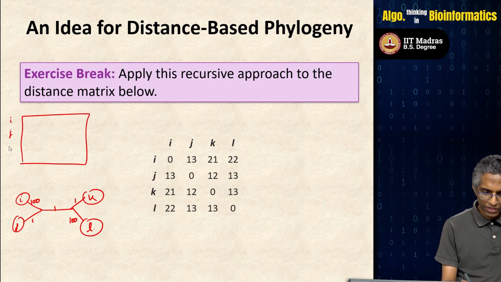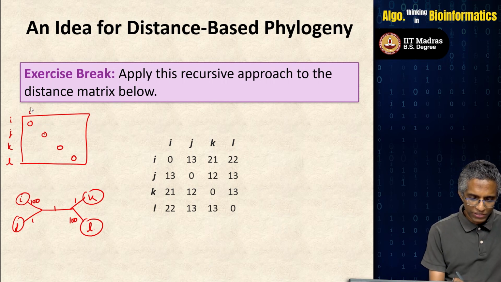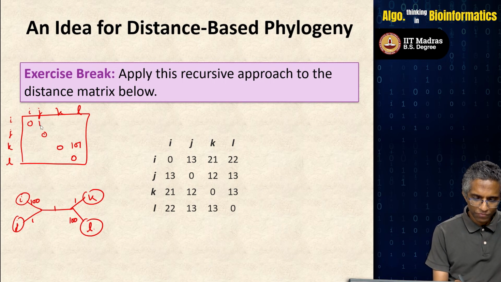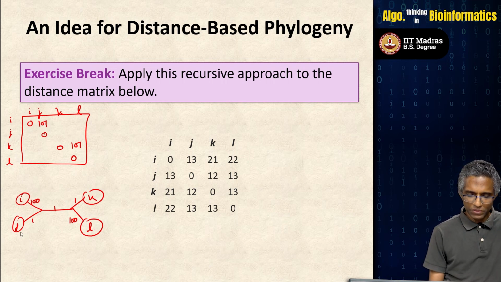All these diagonal entries are 0, this is a symmetric matrix, so I am not going to draw the bottom one. So, now you have i, j, k, l. You have l to k is 101, you have i to j is 101, right, and you have k to j is 3.